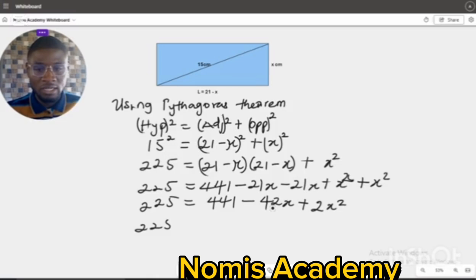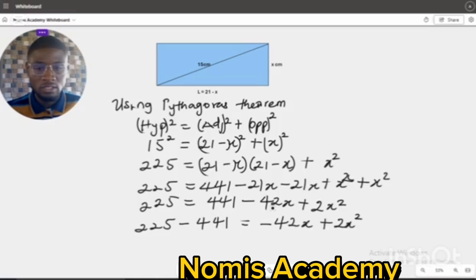I can bring 441 to the other side, it becomes minus 441. So I'll be left with minus 42x plus 2x squared.